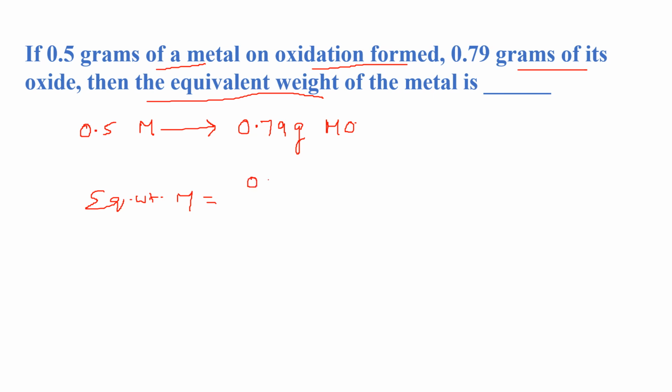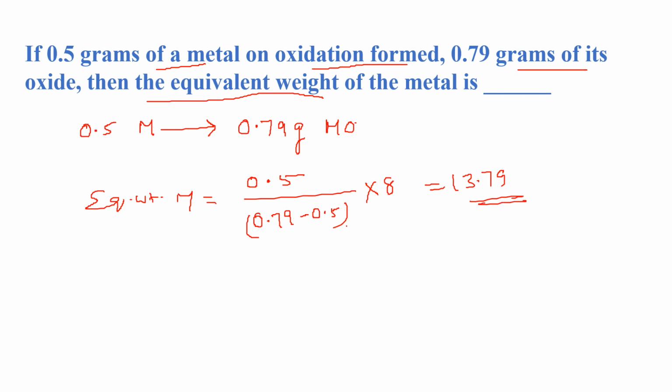That is 0.5, the mass of the metal, divided by the mass of the respective oxide minus the metal, that is 0.79 minus 0.5, into 8, because it is an oxide, so you have to multiply with 8. Then you will get 13.79, that is the equivalent weight of the metal.